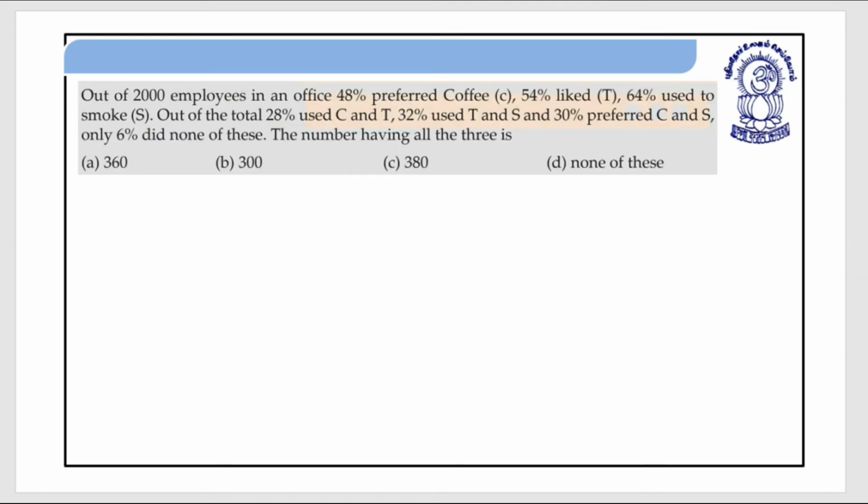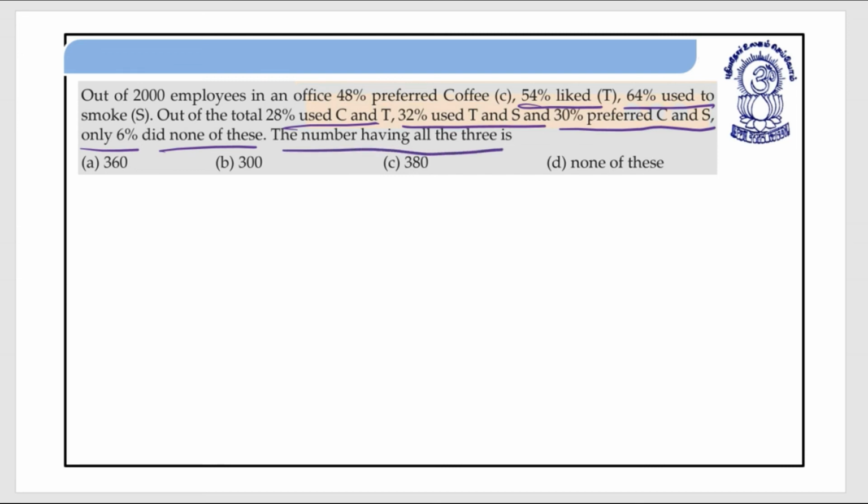Next question. Out of 2,000 employees in an office, 48% preferred coffee, 50% like tea, 64% used to smoke. Out of the total, 28% use C and T, 32% use T and S, and 30% preferred C and S. Only 6% did none of this.